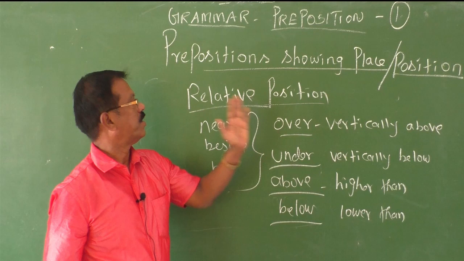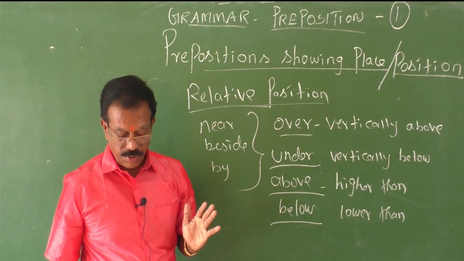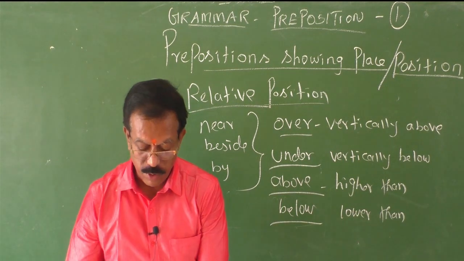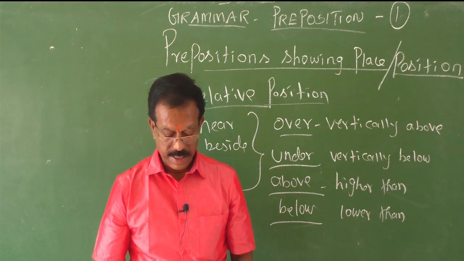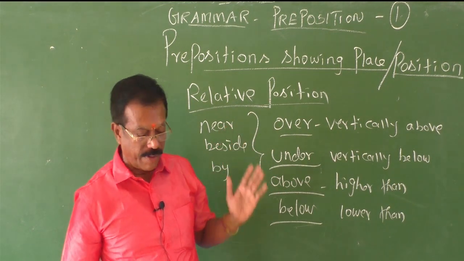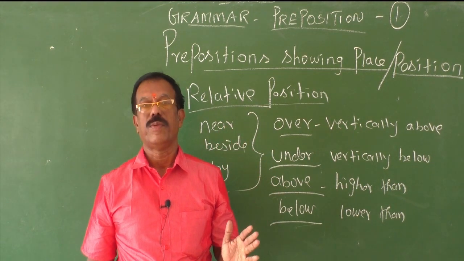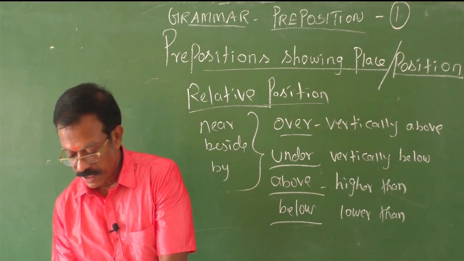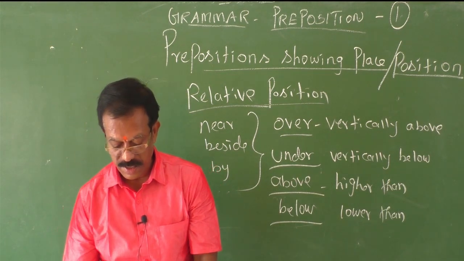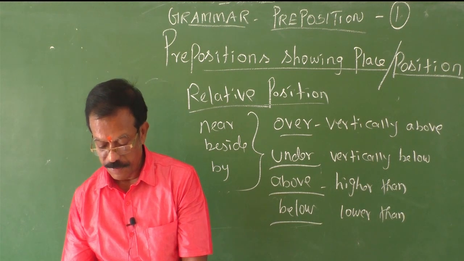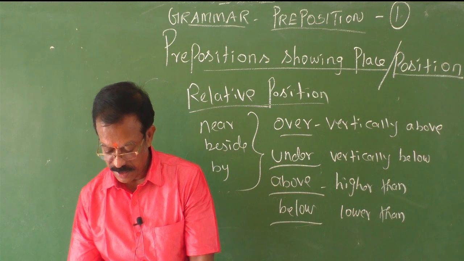So these prepositions refer to the relative positions. So they are called positional prepositions. These prepositions show the place and positions. I will draw some small pictures and charts which will help you to understand these positional and place prepositions very well.